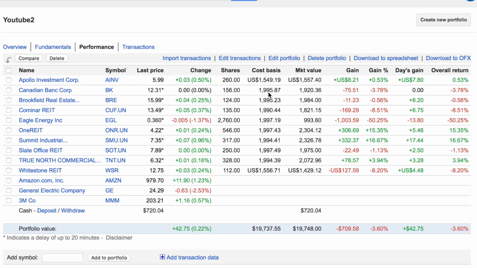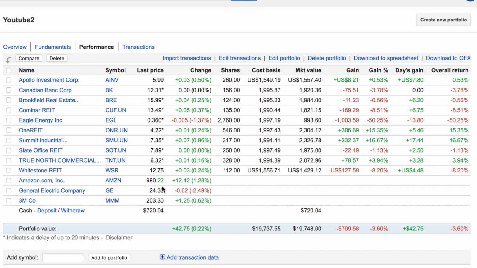So the cost basis is just about $2,000, and the present market value of $19.20 is calculated based on $12.31 times 156 equals 1920. The total gain since we purchased is the difference between the cost basis and the market value. So this gain column is since you purchased the stock.